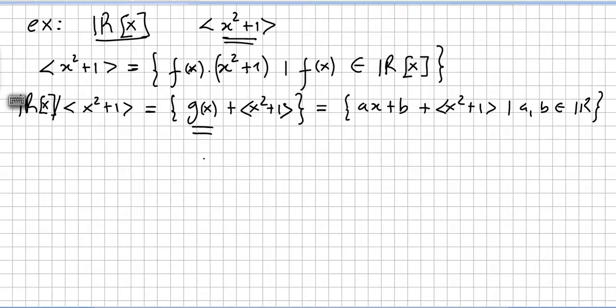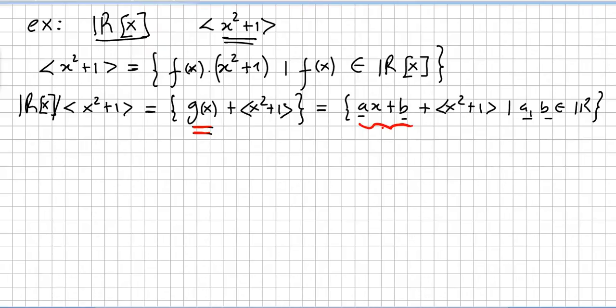Okay, so that will be the polynomials plus the ideal, where a and b, the coefficients of the polynomials, will be in the reals. And probably if you are following very closely, you're quite surprised that g of x is ax plus b.